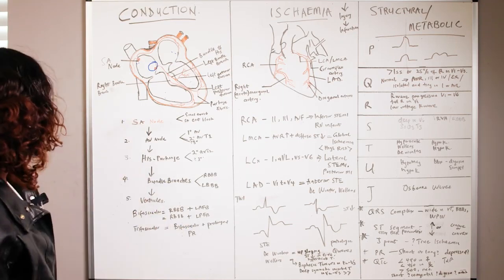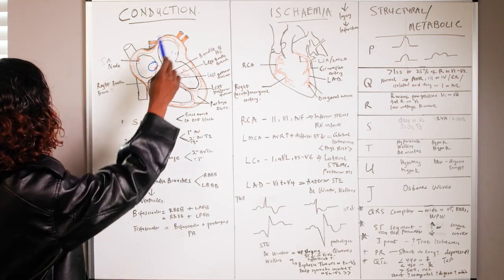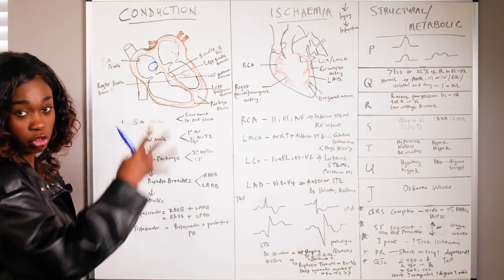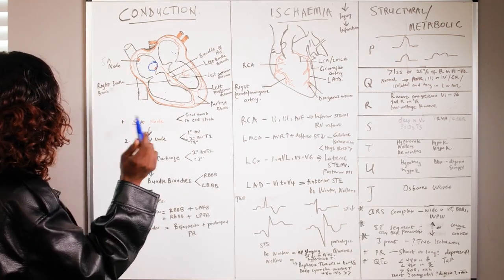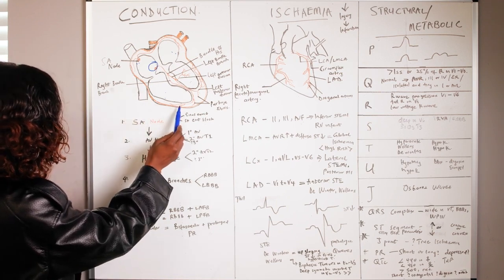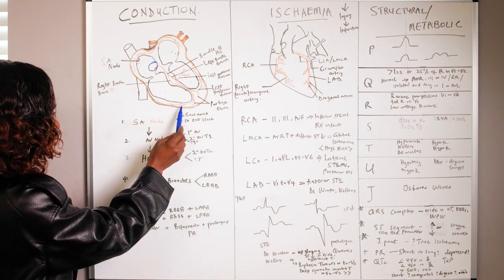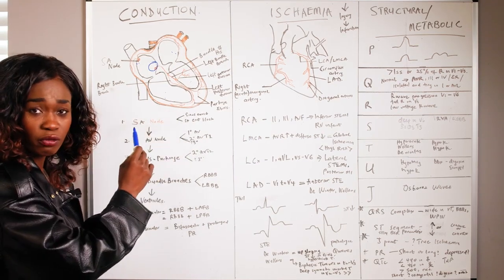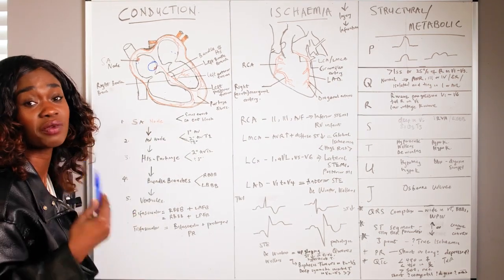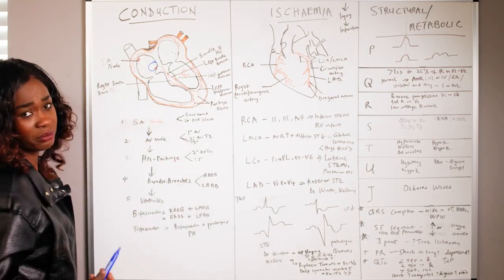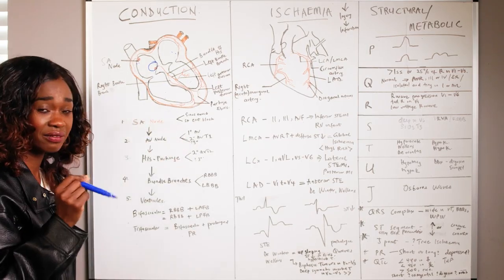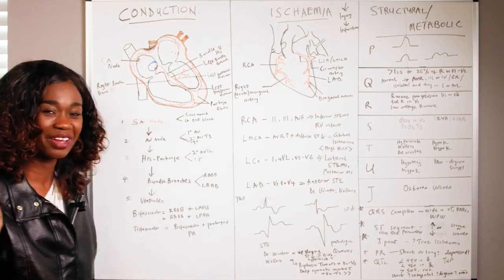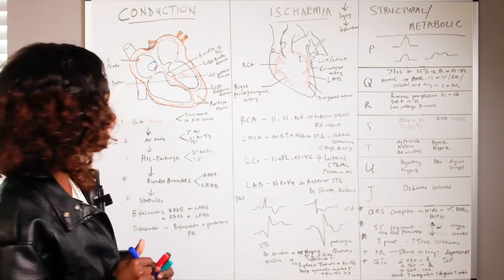In this case, the ministers are other nodes and points in the heart, which we will not be able to talk about today. But just know that, for example, the Purkinje fibers, these lower little branches here, which are not supposed to be doing any job of conduction or generating impulses, may also be able to take over. But if you're getting to that level, the heart is probably gone.